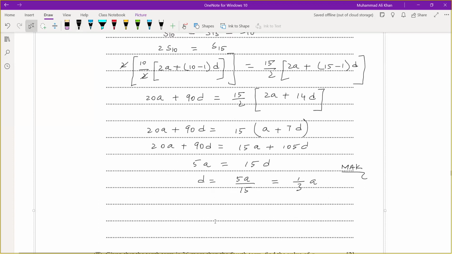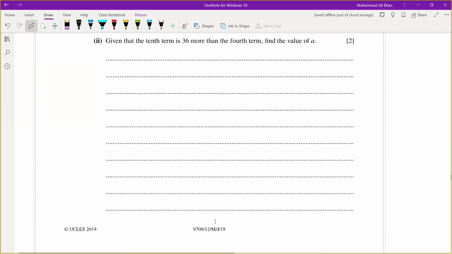After that, in the second part, given that the 10th term is 36 more than the 4th term. 10th term is 36 more than, not 36 times, 36 more than the 4th term.